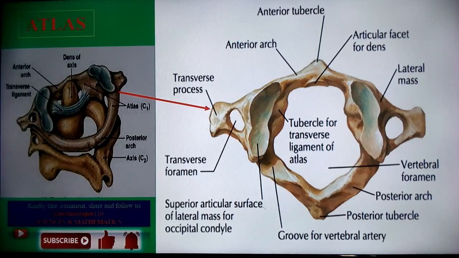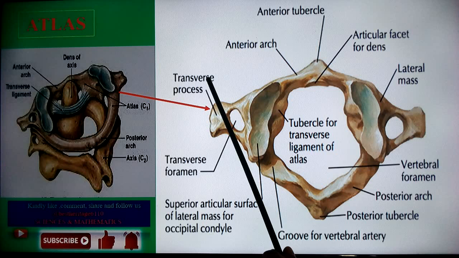If we look at this specific case, we see this part known as the transverse foramina. This is used for the passage of arteries, veins, and sympathetic nerves, providing a pathway for these systems to pass through.